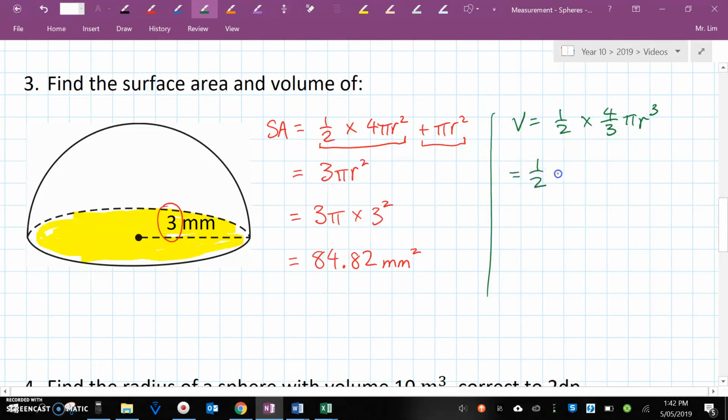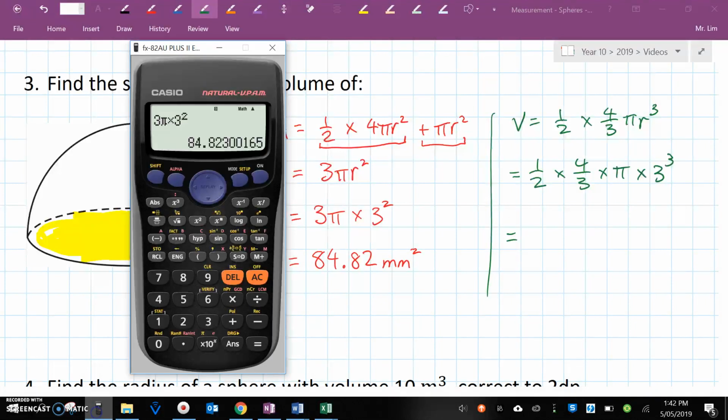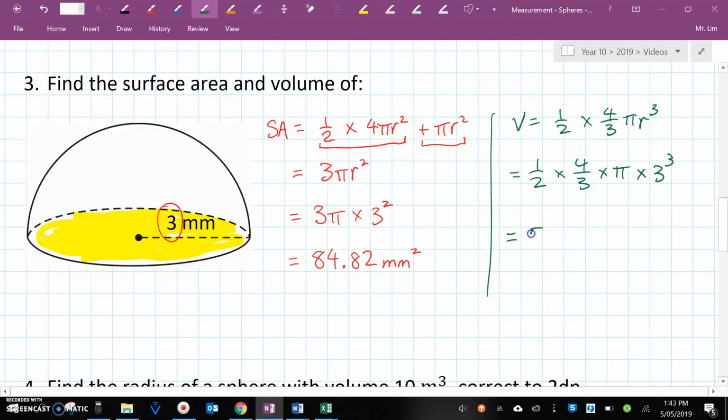So that gives us half times 4 over 3 times pi times 3 cubed. Okay, that's the radius. So half times 4 over 3 times pi times 3 cubed is equal to 56.55 millimeters cubed.